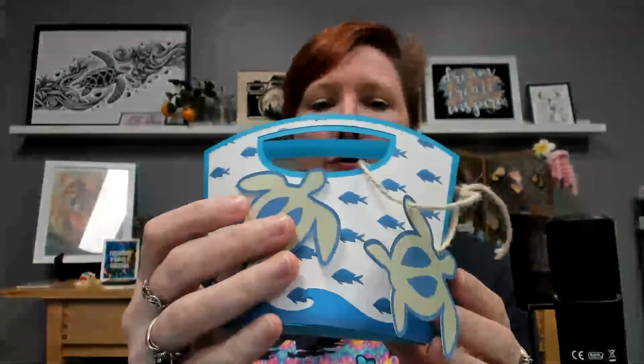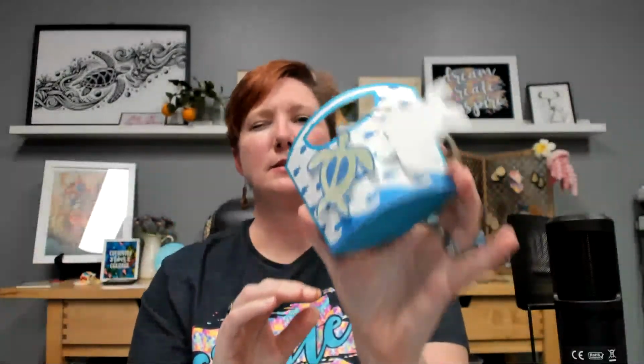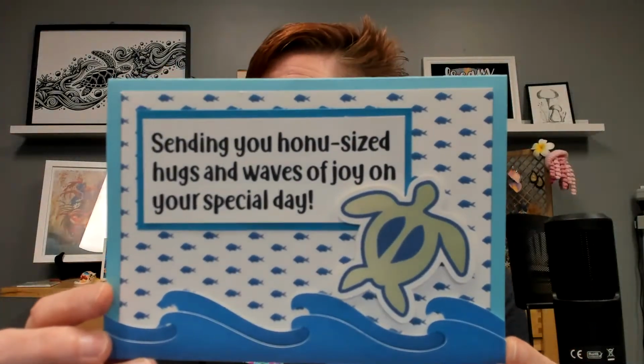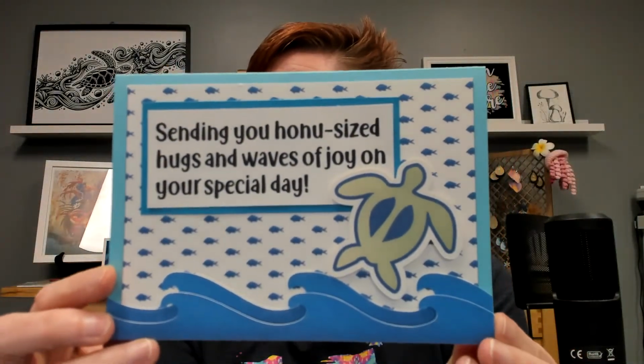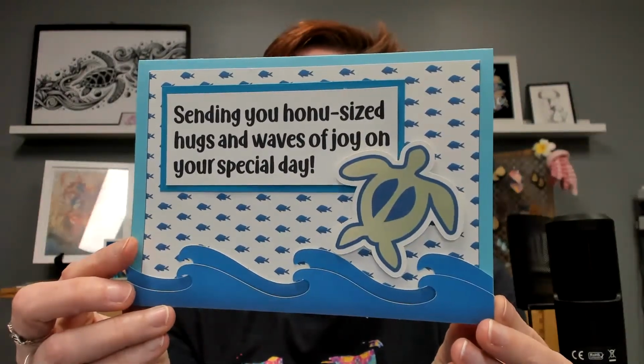So I did print and cut all the elements for this, but it is a 3D tote. This is the original size of the file. You can scale it up just a little bit to fit on a 12 by 12. This is another project that I did with it. I created a card using the same elements and the tropical fish pattern.